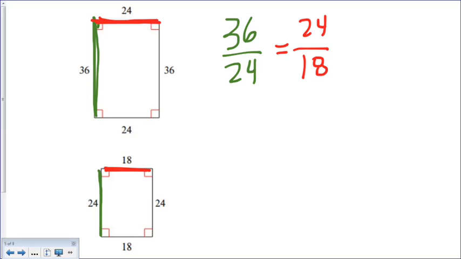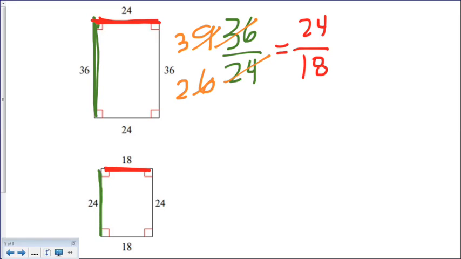Let's see. If I'm reducing 36 over 24, 8 goes into both, well, 4 definitely goes in. 4 goes into 36 9 times, 4 goes into 24 6 times, and then 3 goes into both of those. 3 goes into 9 3 times, 3 goes into 6 2 times.